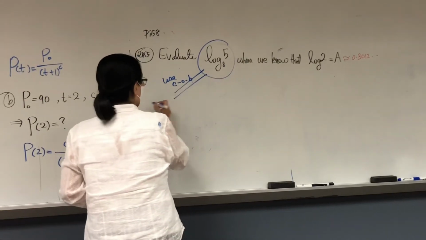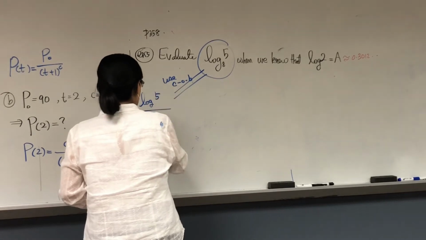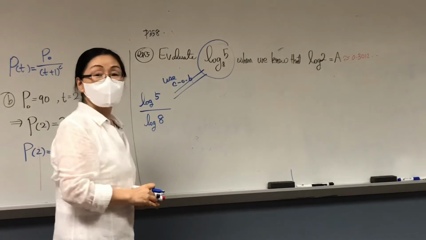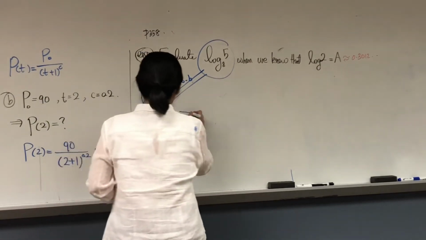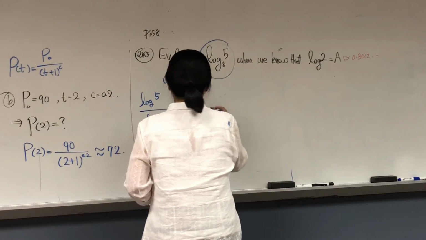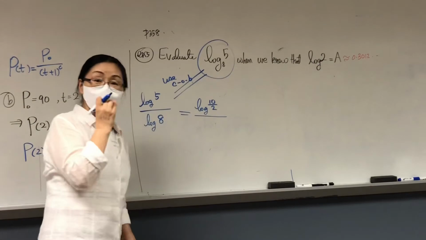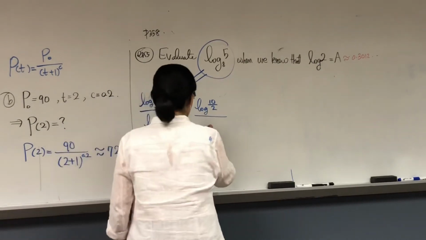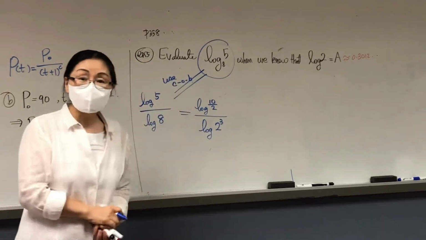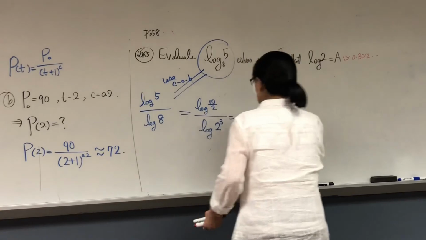It is equal to log 5 over log 8, which is log 10 over 2 over log 2 cubed.